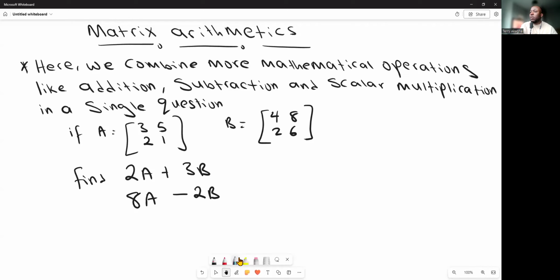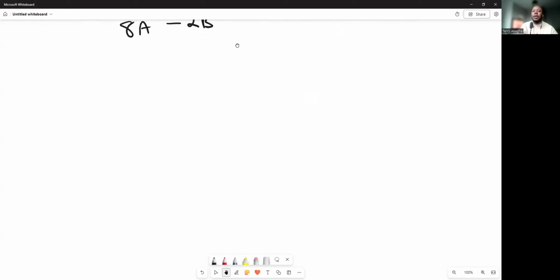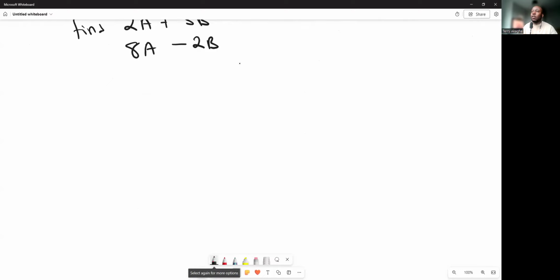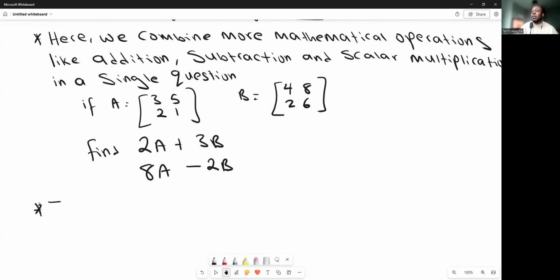So now, we've talked about the BODMAS. I'm going to just write this here. Because the solving of this question, the arithmetic of this, we combine many mathematical operations.